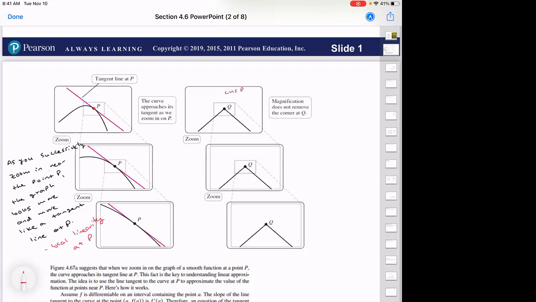The graph near the point Q always remains the same, still a corner. On the left hand side, the more you zoom in, the graph near the point P appears to be like a tangent line at P. We call that local linearity. On the right hand side though, no matter how many times you zoom in, the graph still remains the same.